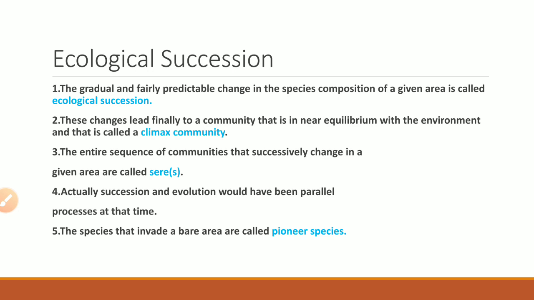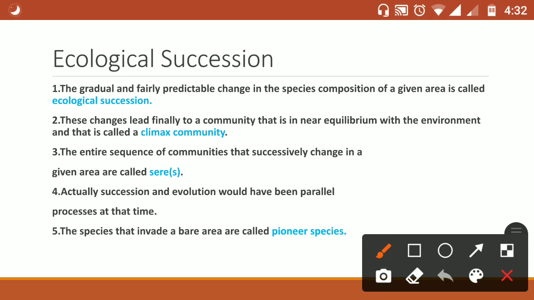The gradual and fairly predictable change in species composition of a given area is called ecological succession. So if there is a plant and that will be converted into a tree after succession, that will be called ecological succession. What I told is just a stage, but ecological succession, we see it as a whole.